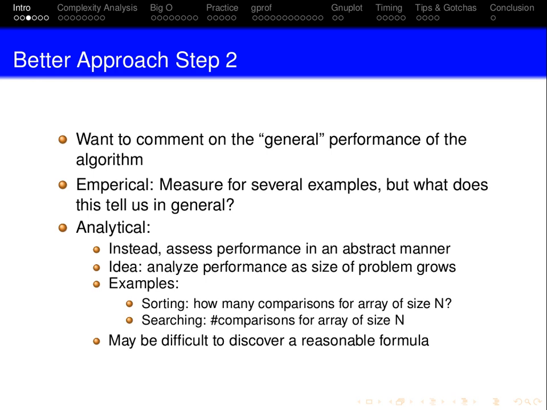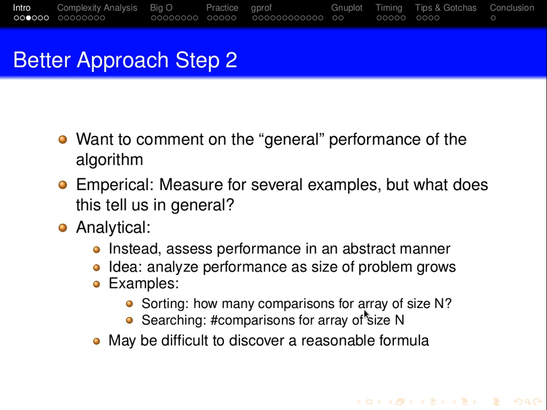In actuality, if it goes from here to here, it may look linear as well. So the empirical search will probably need to go from here all the way up to here in order for it to actually tell you, oh, hey, look, it looks quadratic in nature. So that's why an analytical assessment is usually better, because it'll give you instead what the full curve looks like.